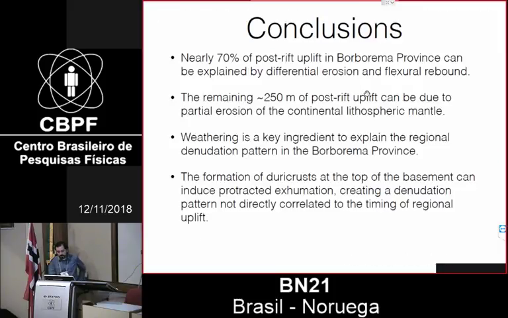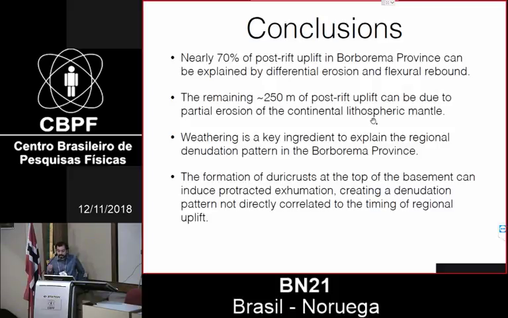The conclusions of this model is that nearly 70% of the post-rift uplift in Borborema province can be explained by differential erosion and flexural rebound. And the remaining nearly 250 meters of post-rift uplift can be due to partial erosion of the continental lithospheric mantle. I didn't explore in details this aspect, but we can discuss later.